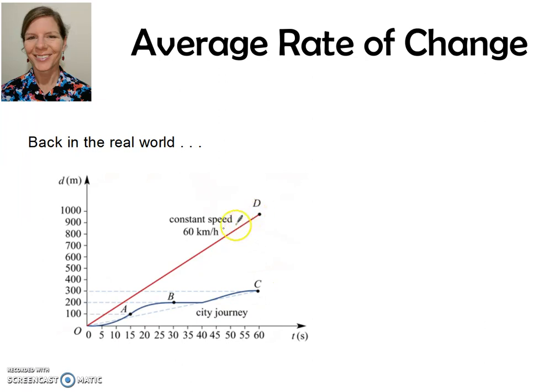So while theoretically we've travelled a kilometre in 60 seconds at 60 k's an hour, what we've actually travelled is 300 metres. So what we say is, for 0 to 60 seconds, the average speed is going to be the distance travelled, which turned out to be only 300 metres, divided by the time, which is our 60 seconds.